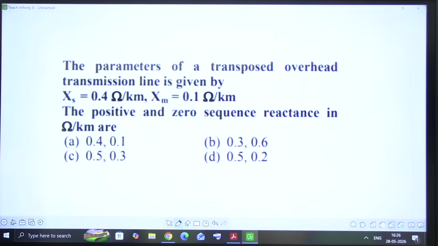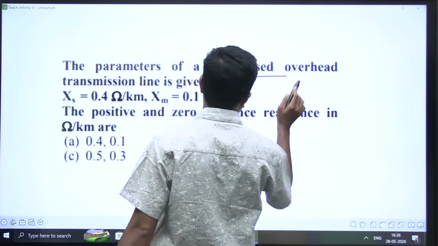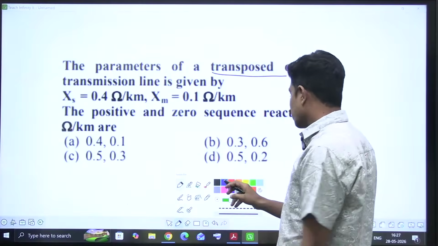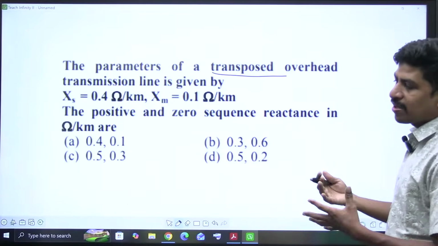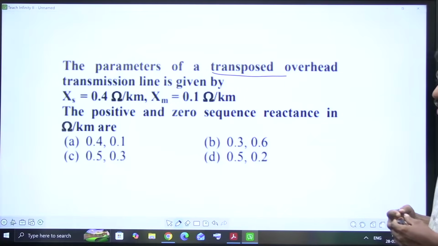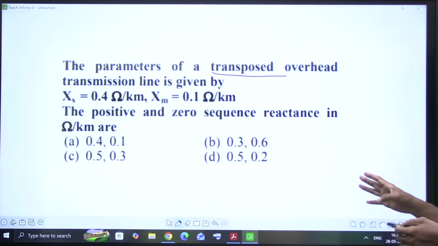The parameters of a transposed line. This carries heavy meaning. Transposed means phase A, phase B, phase C are equal. If it is not transposed, the GMDs of phase A, phase B, phase C are not equal. If the GMDs are not equal, the reactances are also not equal.